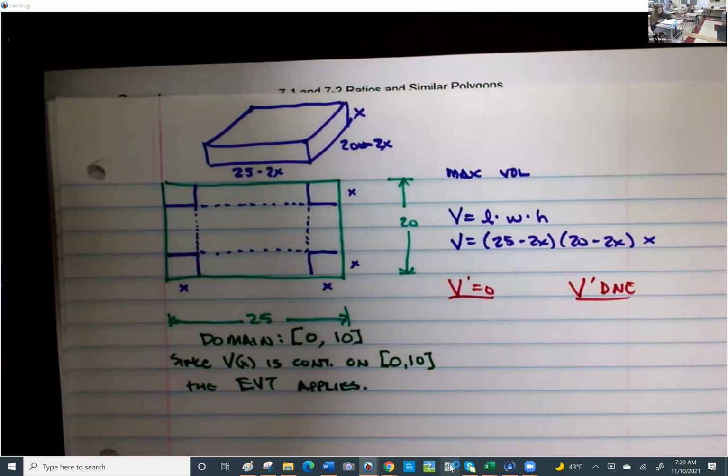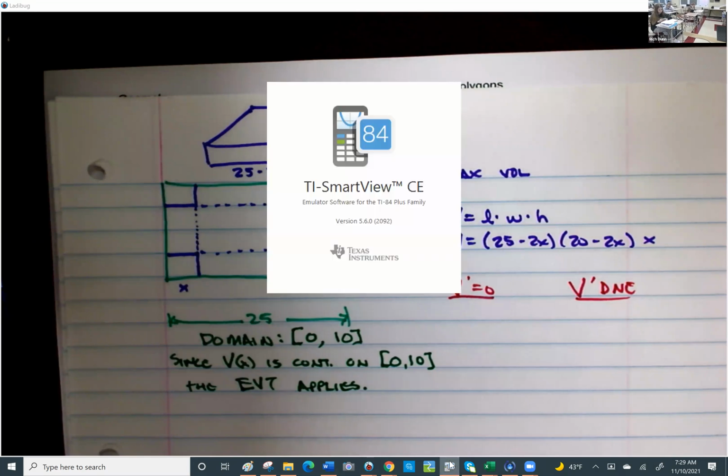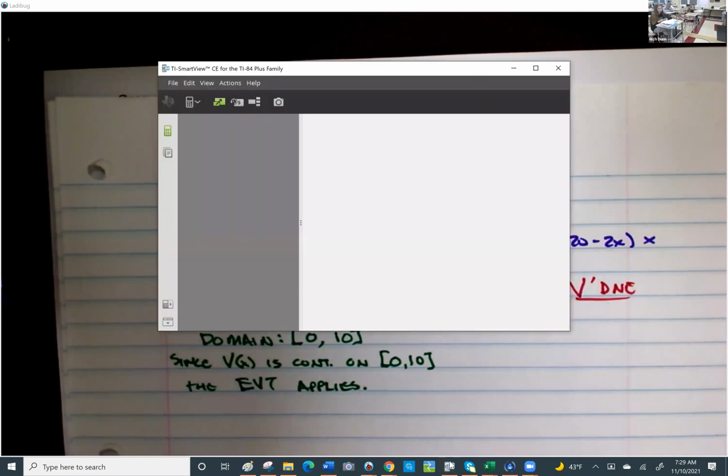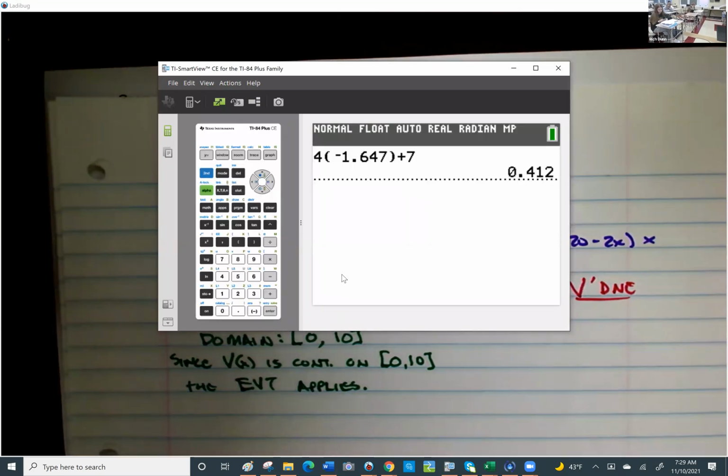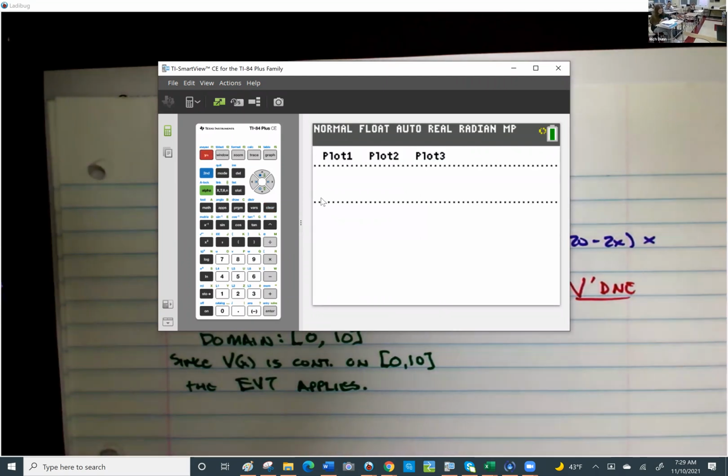Go ahead and do this one, get a little practice. The nice thing about having that domain is that, if we wanted to, we could set our window before we even graph it. So we're going to our y equals.